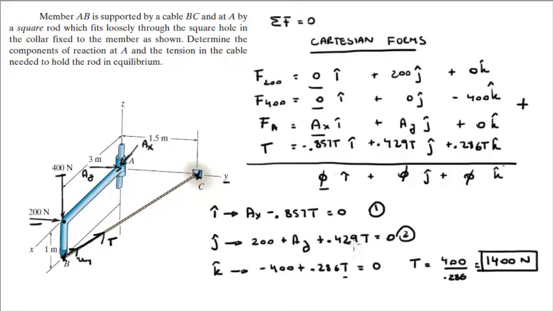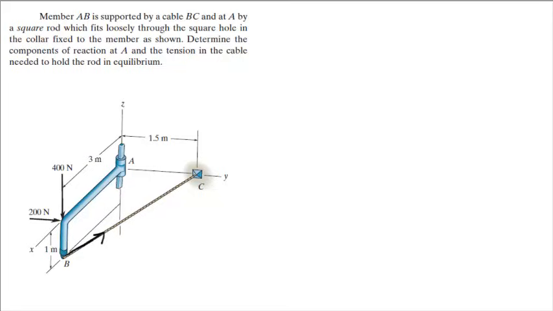And then basically what you're going to do, you're going to plug in T into equation 1 and then equation 2, and you're going to be able to solve for Ax and Ay with some simple algebra I'm sure you can do yourself. So Ax is going to come out to be 0.857 times 1400. So Ax comes out to be 1200 newtons. And Ay comes out to be negative 800 newtons.